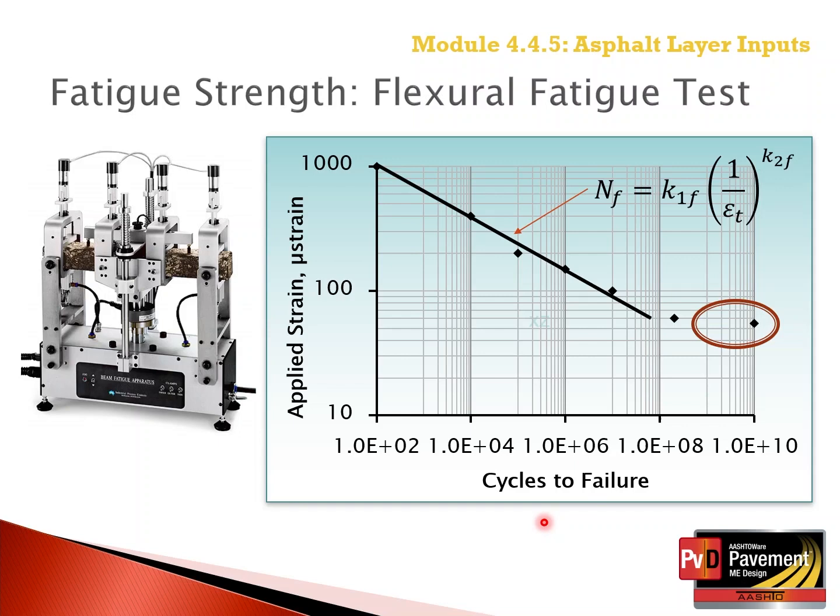The 1 point to the right, at 1E10 load cycles, represents the strain level for which no failure occurred, defined as the endurance limit. The endurance limit will be discussed in a later slide.